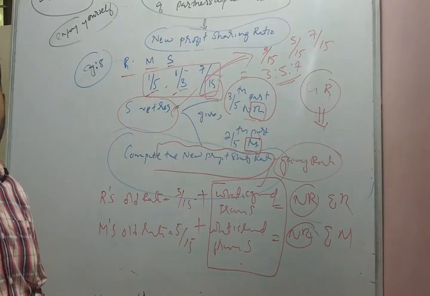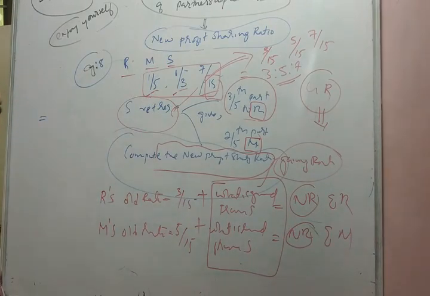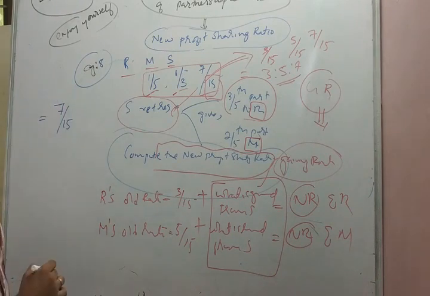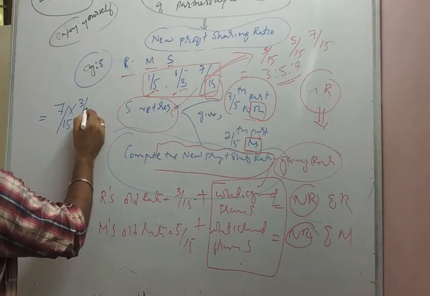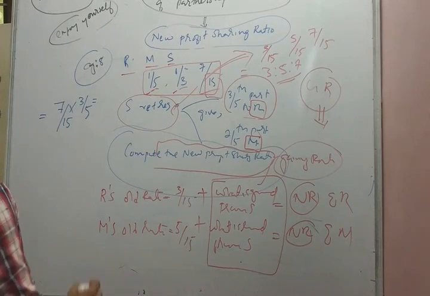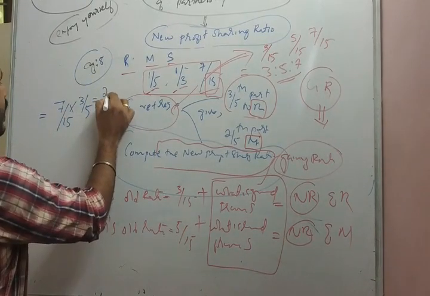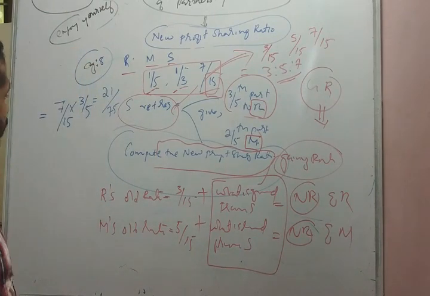So let us compute the gaining ratio. Out of 7/15, 3/5 is received by R. So 7/15 into 3/5 gives 21/75.